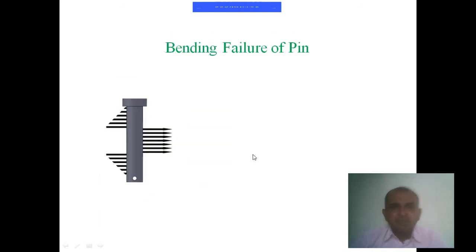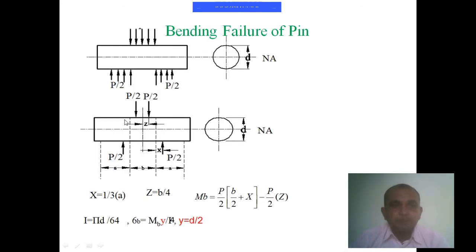Then the bending failure of the pin occurs again like in the quarter joints. Again there is a UDL and a UVL present on the pin due to the different cross sections of the eye as well as the fork. We can draw the free body diagram. This indicates the UVL and the above part indicates the UDL. By using strength of materials, again you can find some dimensions.